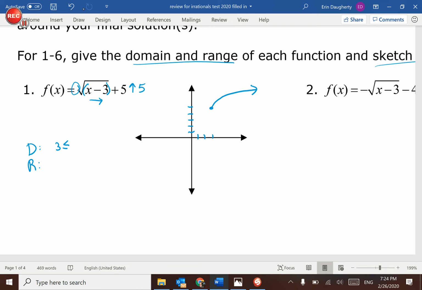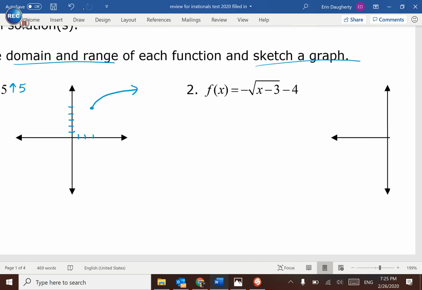So it's going to end up being 3 is less than or equal to x, which is less than positive infinity. Now, when we're talking range, those are our y values. So we're going to start off with our smallest y value, which in this case is 5. Okay, less than or equal to y, less than positive infinity.